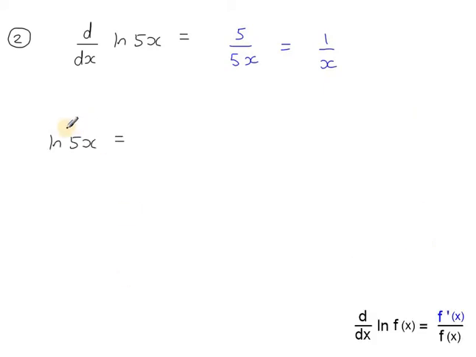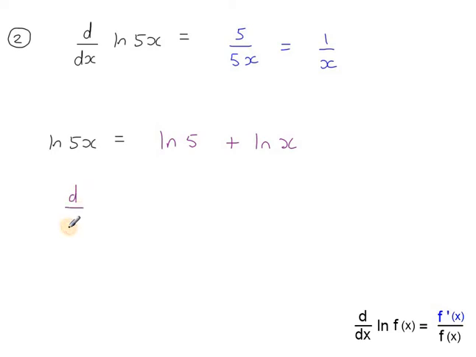Now with logs, sometimes we can do some initial preparation using the laws of logs and then do the differentiation at the end. So ln 5x, the 5 and the x are multiplied, so I could write this as ln 5 plus ln x using the multiplication rule for logs, and then instead of differentiating ln 5x, I'm going to differentiate these terms.